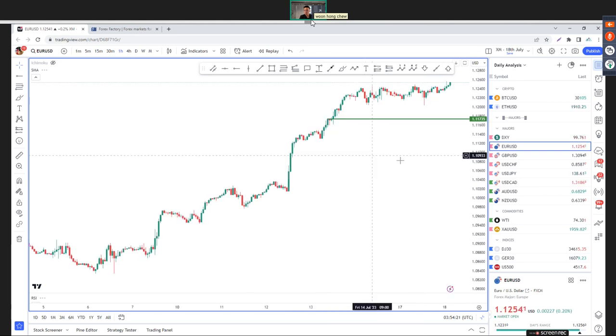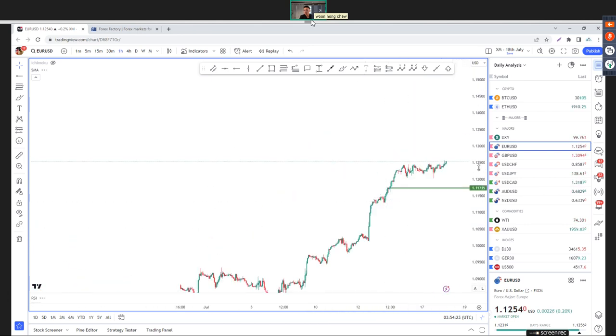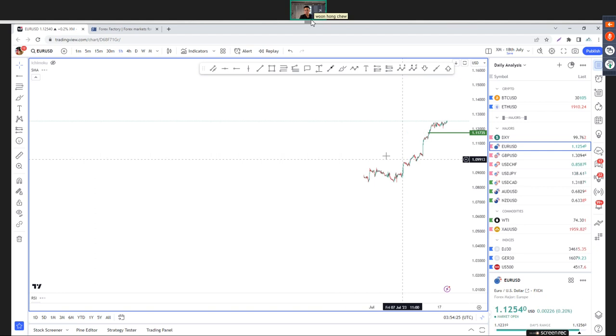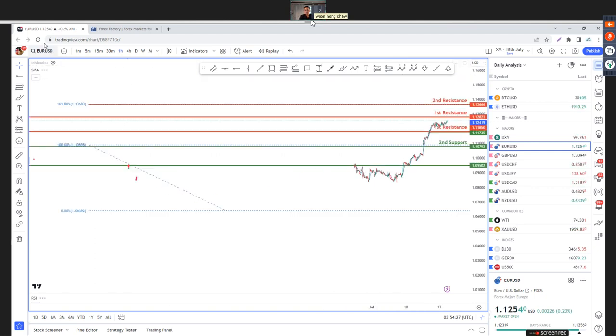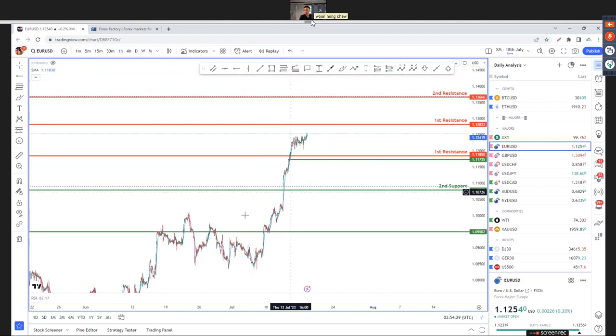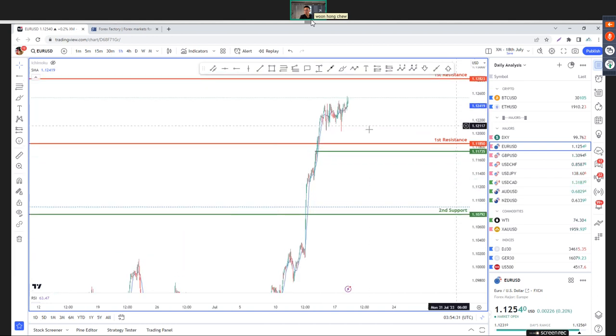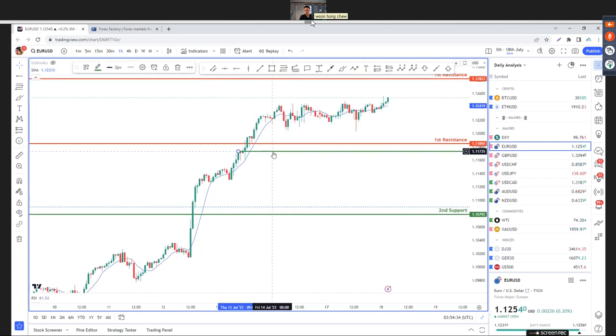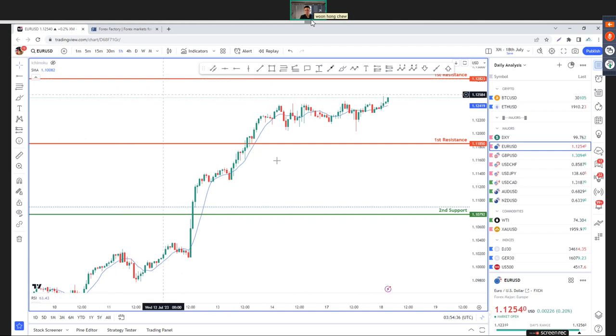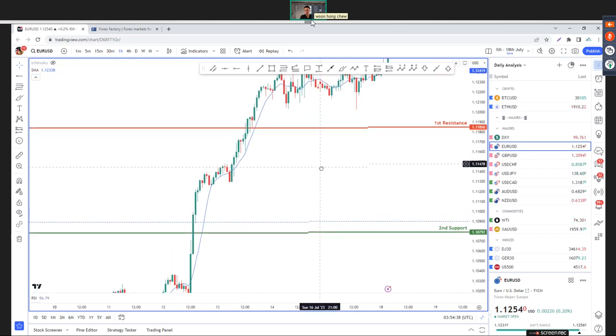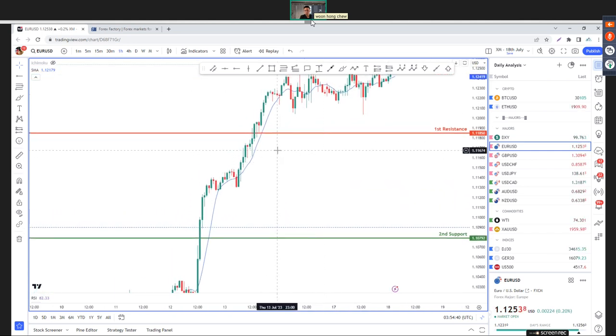And then we go to the H1 time frame. This is news. Okay, so you can see this area is where it actually broke through, and then it's above the SMA line as well. So breakthrough of key levels is one of our criteria.